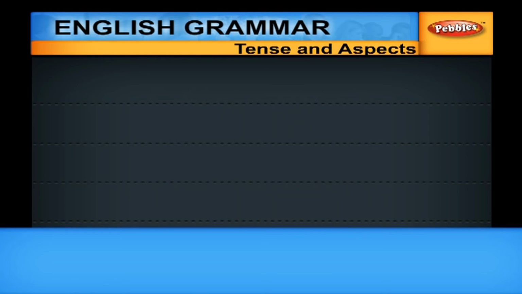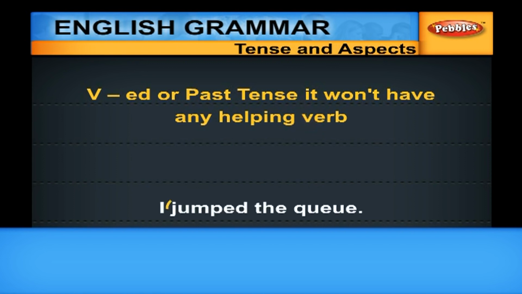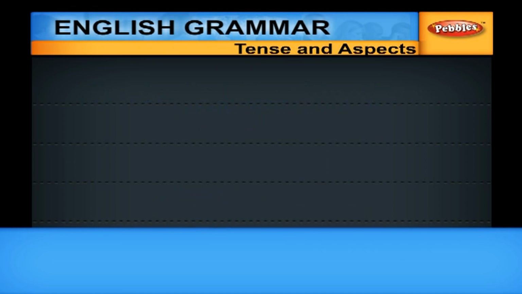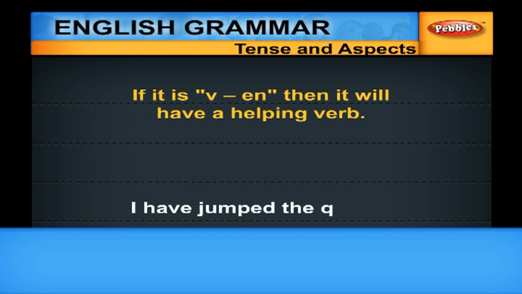The answer is very simple. If it is VED or past tense, it won't have any helping verb. I jumped the queue. If it is VEN, then it will have a helping verb. I have jumped the queue.